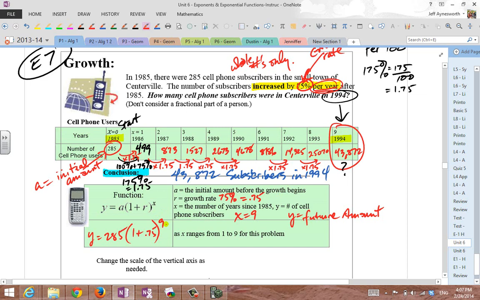And we can figure that out. Now, this is 285 times the quantity of 1.75 raised to the 9th power. Let's see if we get the same value here.